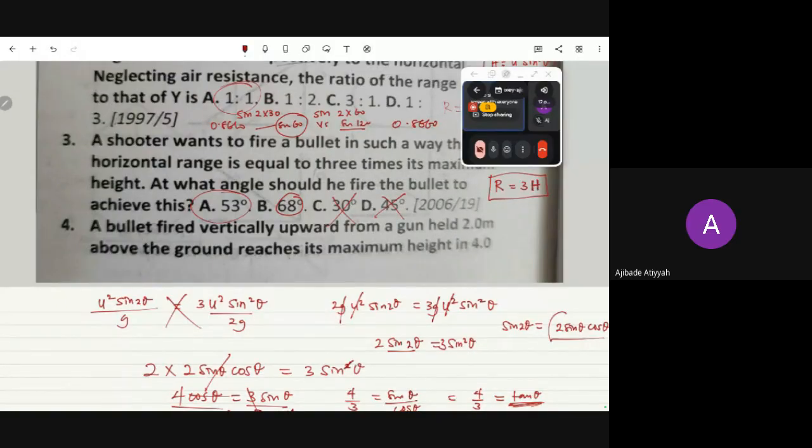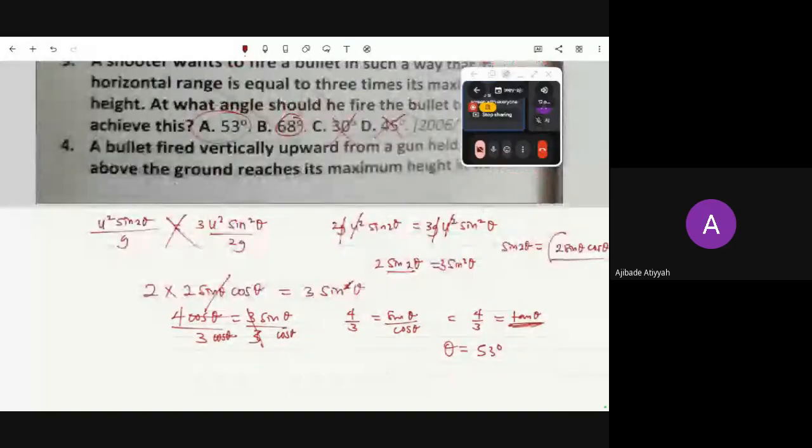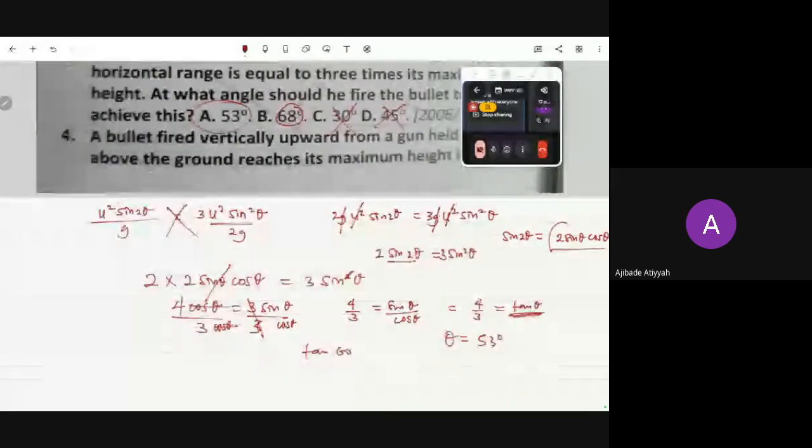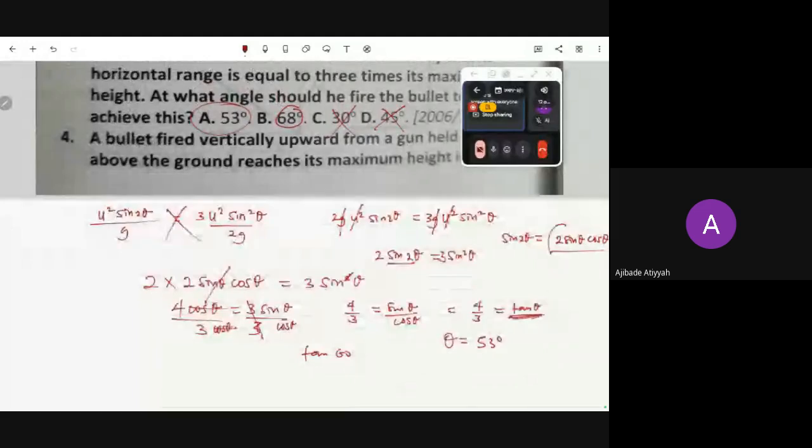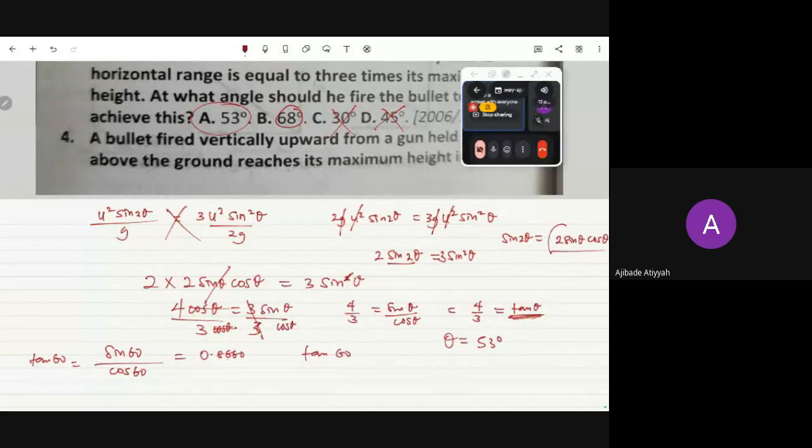So the fight is between 53 and 60. So you now have to use the value of tan 60. Tan 60 is a special angle. Special angle of what? Of sine 60 over cos 60. That's how you have to think about it. Tan 60 will give you sine 60 over cos 60. Now, sine 60 is 0.8660. Cos 60 is 0.5.